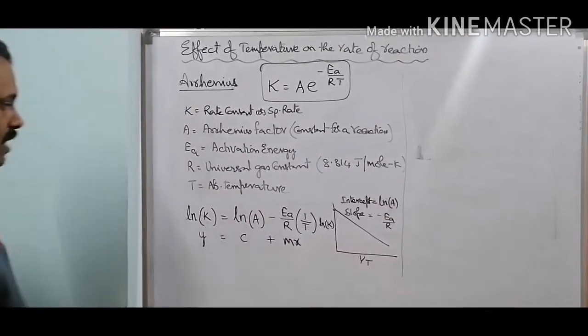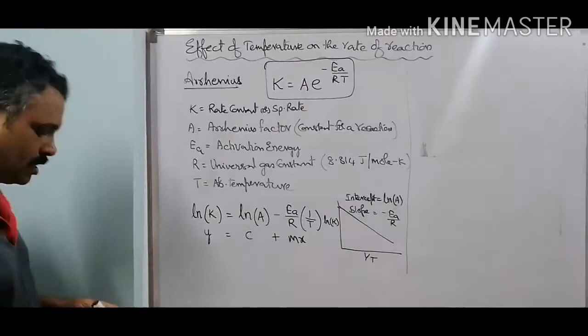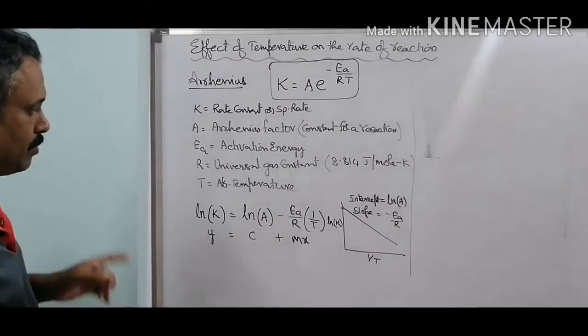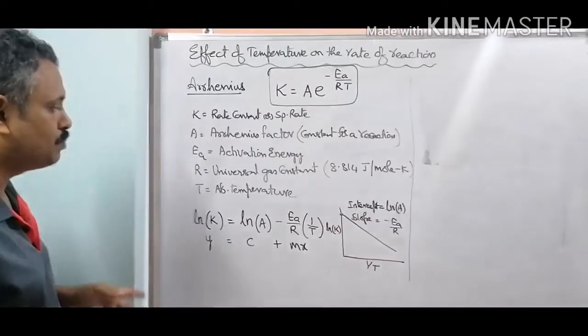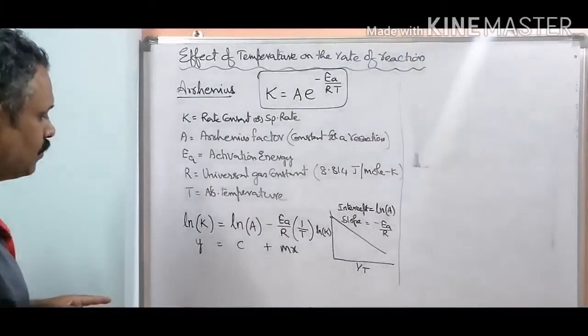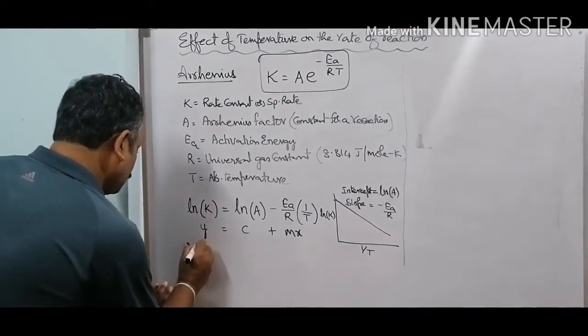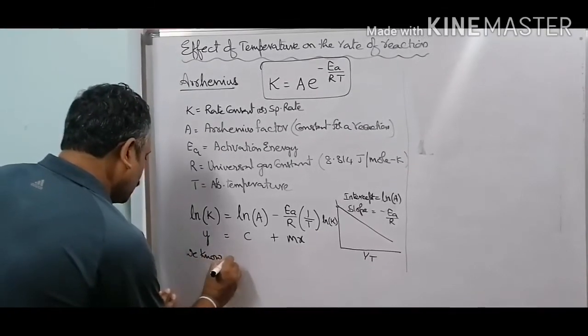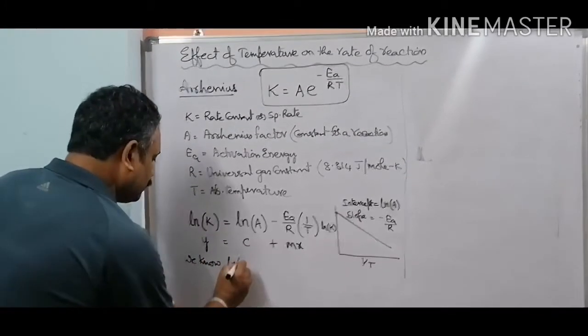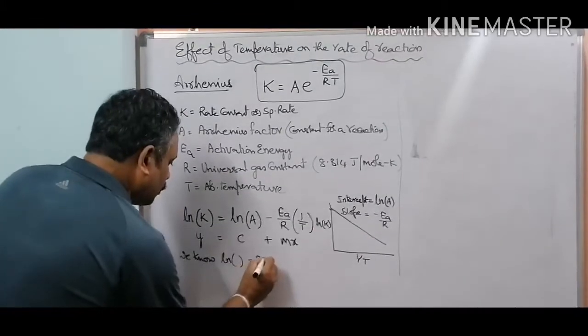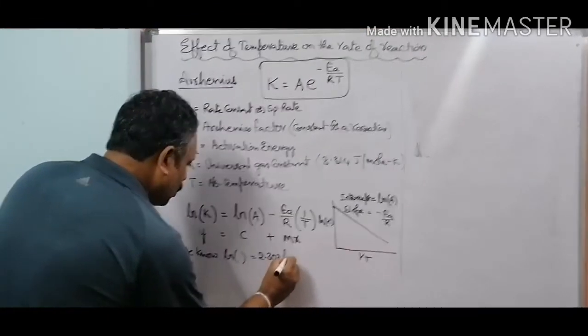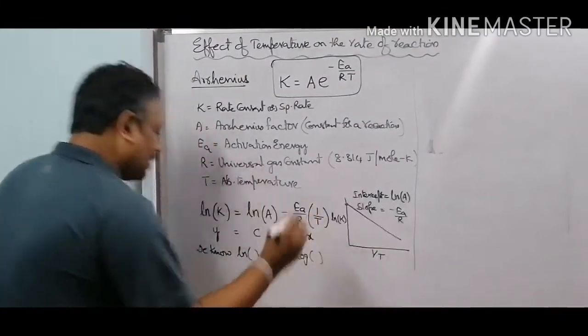But we do solve numericals in terms of our common logarithm format. Remember, the common logarithm format is 2.303 times of ln form. So we know ln of any term is nothing but 2.303 times of log value.